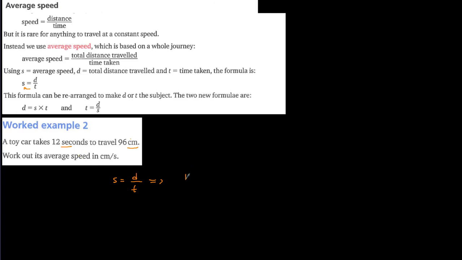D is equal to 96 centimeters, and T is equal to 12 seconds, and the speed is equal to 96 divided by 12.